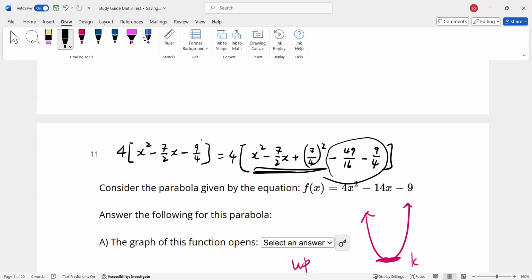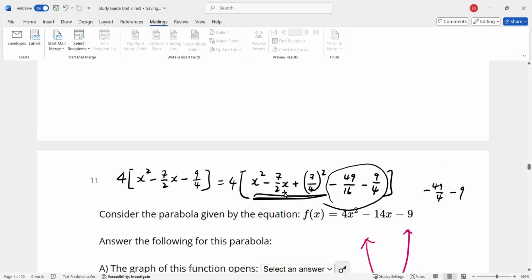And so it's negative 49 over 4 minus 9. Yeah, same thing, guys, same thing. The result is correct, all right? And consider how much work for each method. I think it is similar. You cannot avoid handling fractions, unfortunately, because the leading coefficient is 4, so you have to factor it out and then complete the square.